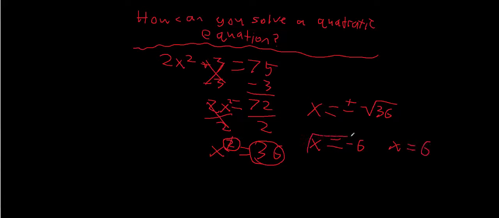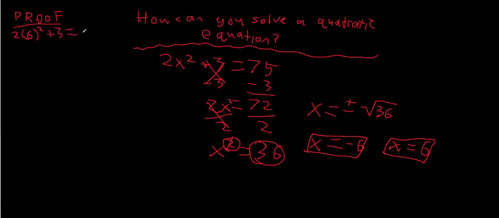It could be either one of these right there, but of course, as with all of our equations, we have to check our answer. So let's do a proof over here. Let's plug them into the equation. We have 2 times 6 squared plus 3 equals 75.